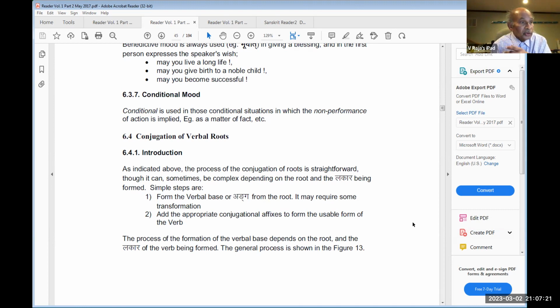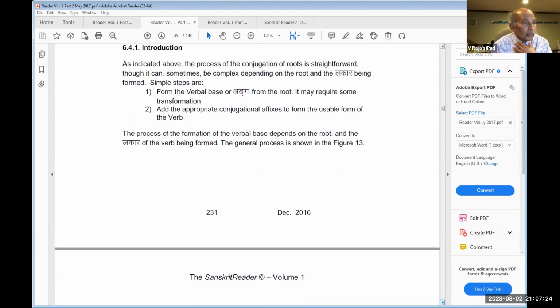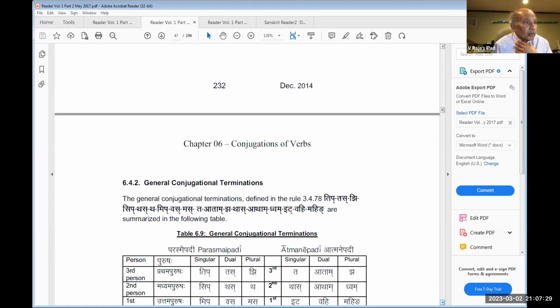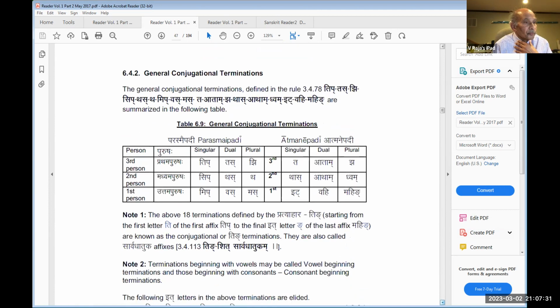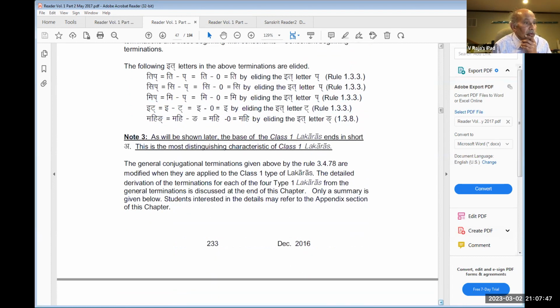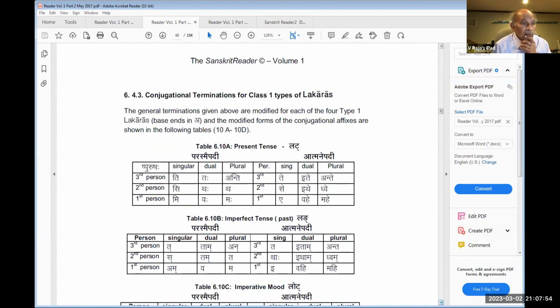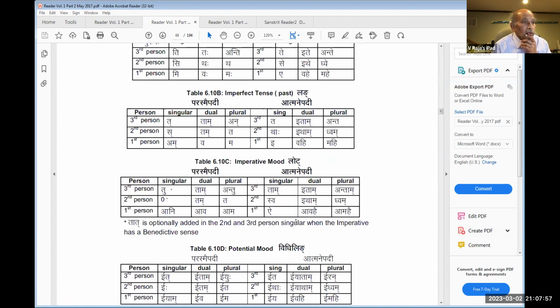What you have to know is, this is a general verbal ending, but you don't need to worry about all of that. Until you get to the lit lakara, what we do is lat, lung, lot, vidhiling.